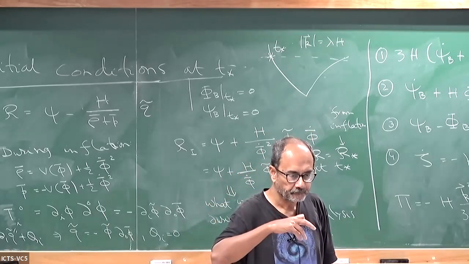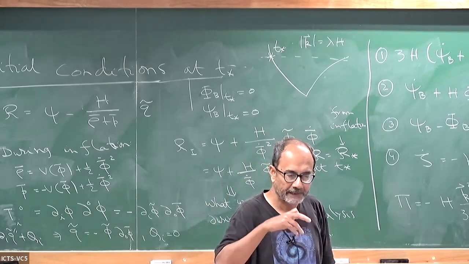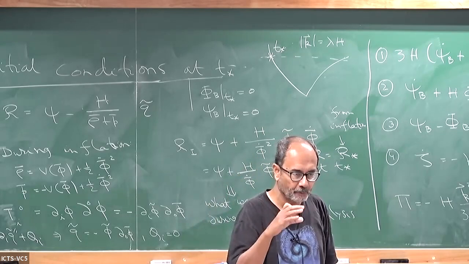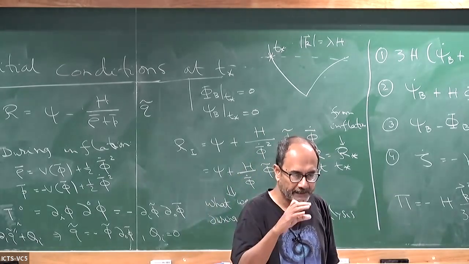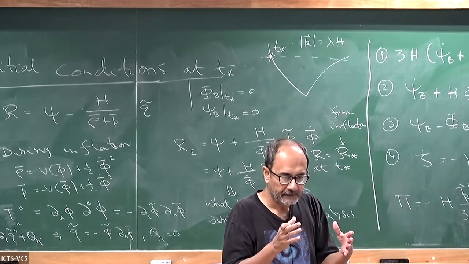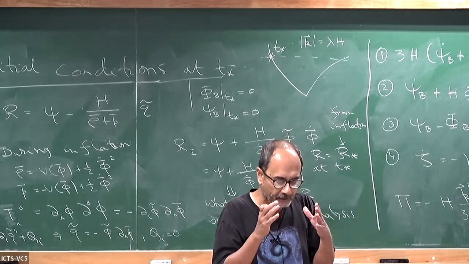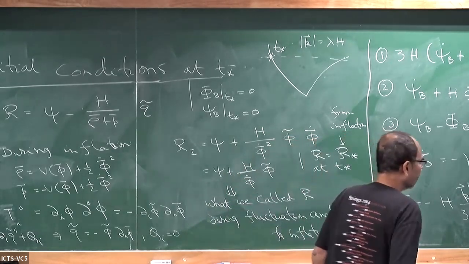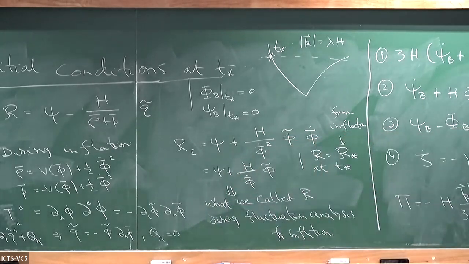So tau going to 0 doesn't mean that you have to take tau all the way to 0. As long as the k square over H square tau square becomes small, you can ignore that term, and then it becomes a constant. Sorry, k square over H square tau square becomes large. See, there is a factor of 1 plus 1 over k square tau square, and then there is tau square sitting outside.